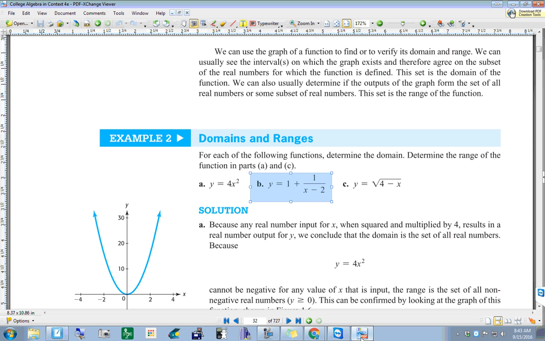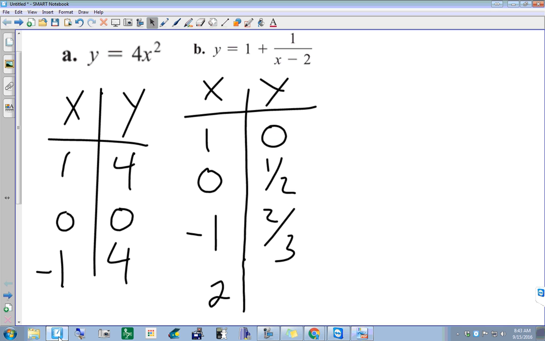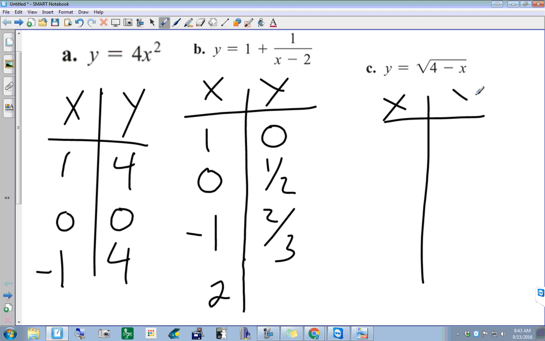Let's try this one here. So I'm going to do the exact same thing I did before. X and Y. I put in 1.